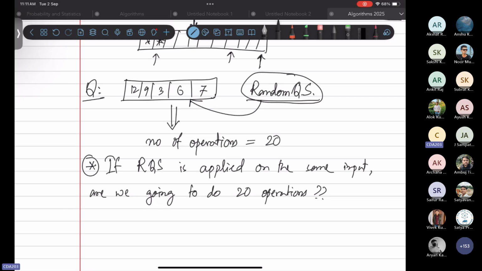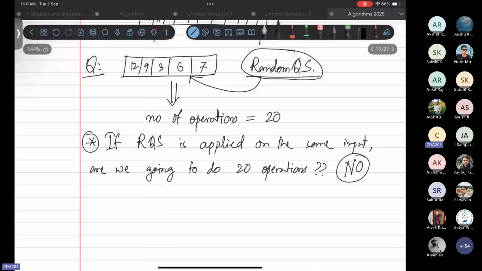No. Why? Because of the random pivot. The answer is a big no. It might happen that the first time I applied it, since I'm choosing the pivot element uniformly at random, I pick the median element always.